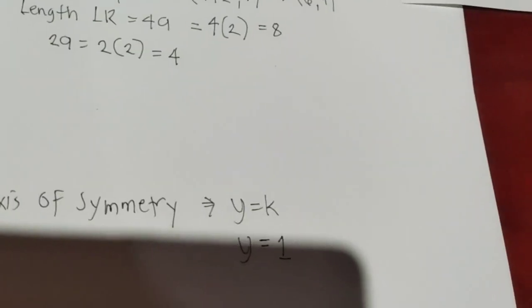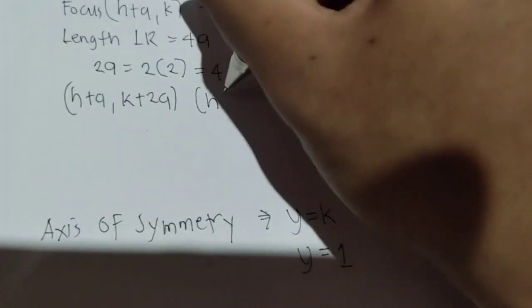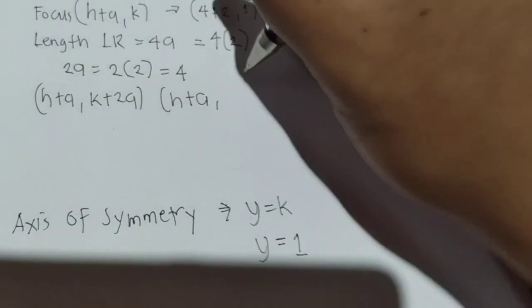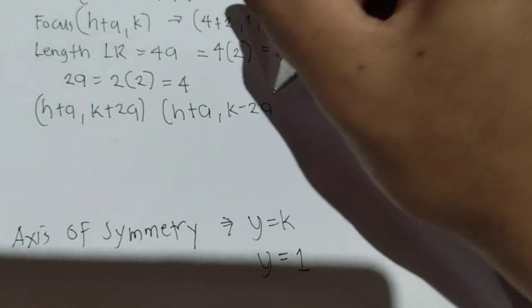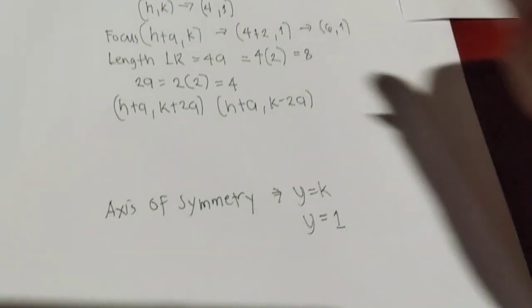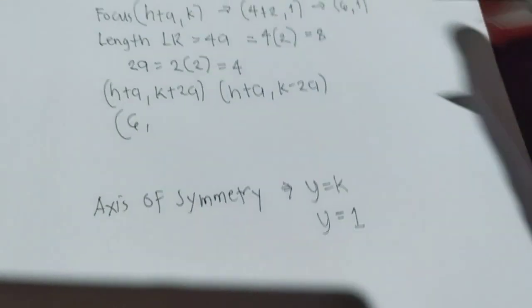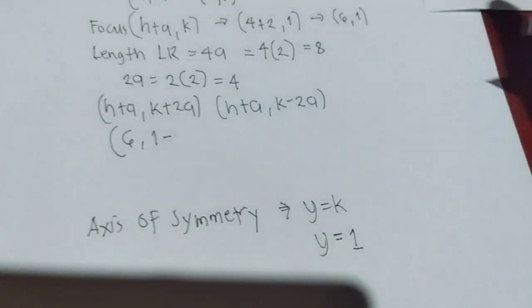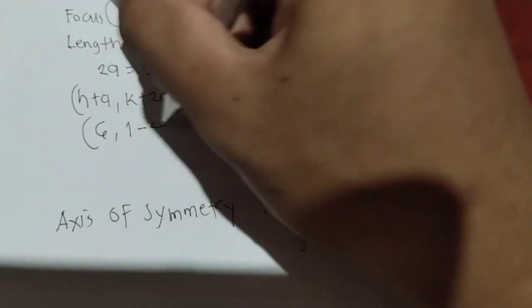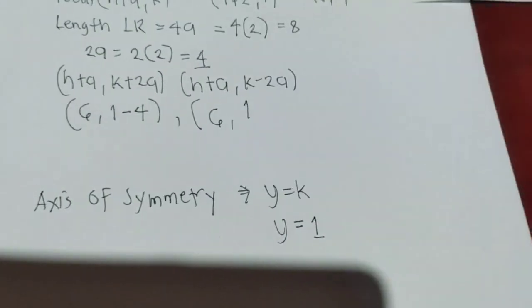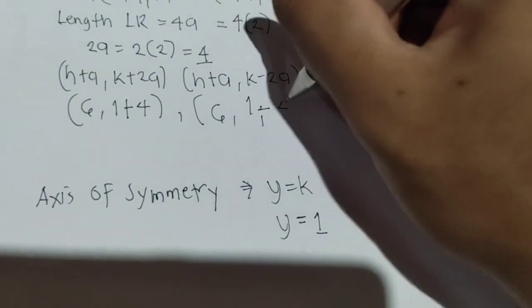So the endpoints of the latus rectum are (h plus a, k plus 2a) and (h plus a, k minus 2a). Our h plus a is 6, so we have (6, 1 plus 4) and (6, 1 minus 4).